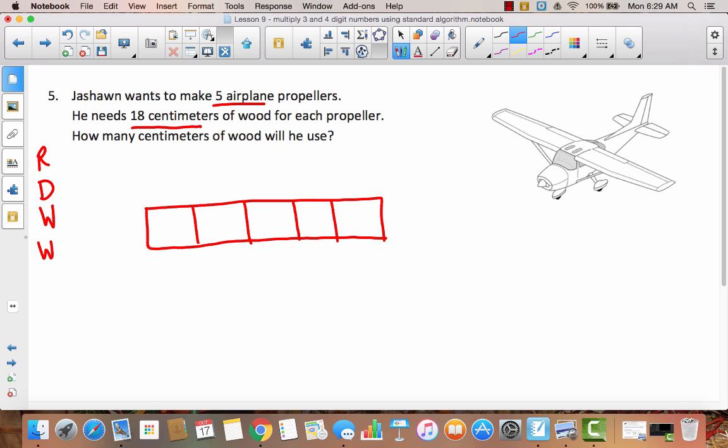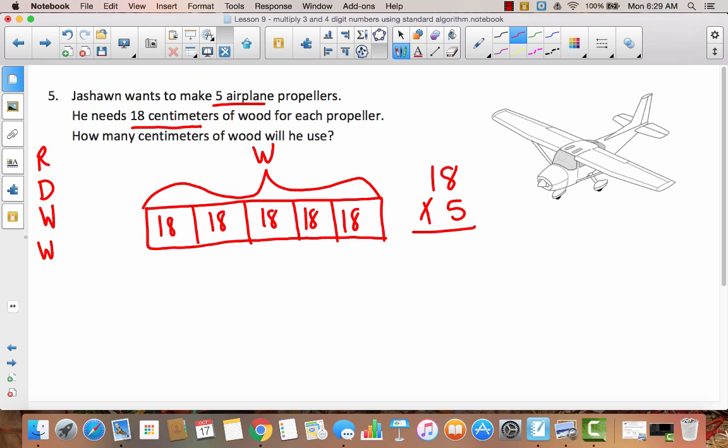And since he needs 18 centimeters for each propeller, I'm going to put 18 in each of these. So you can see here I've got 18 5 times. So I want to know what the total is. So I'm going to go ahead and put a W for my unknown. That's what I'm trying to figure out. What is all this together? So I could add 18 5 times, or I could do standard algorithm 18 times 5.